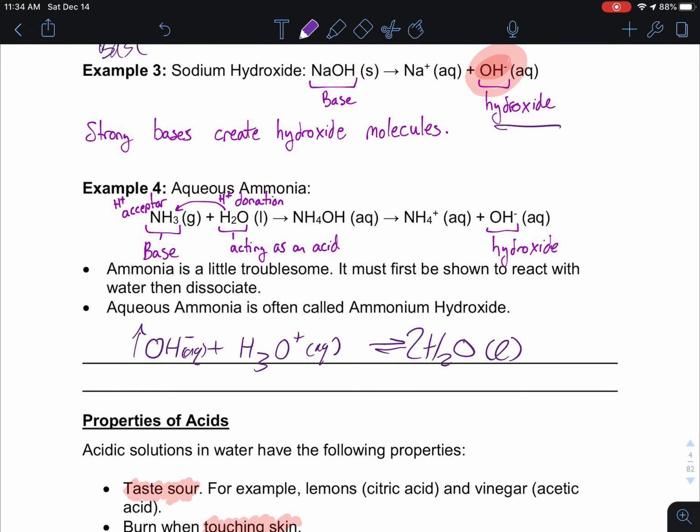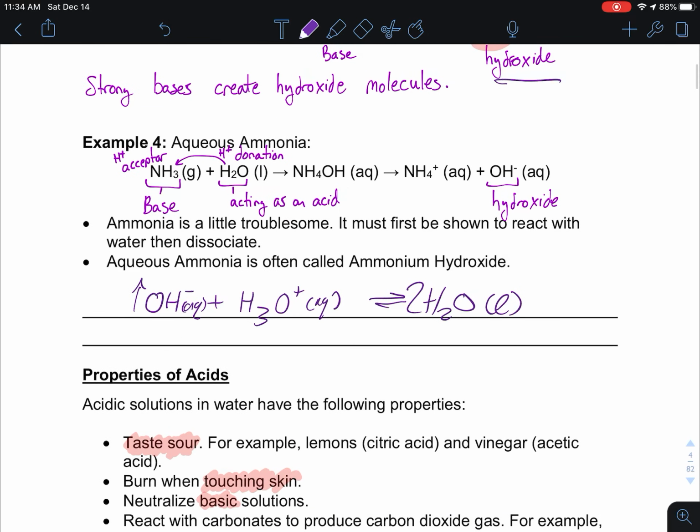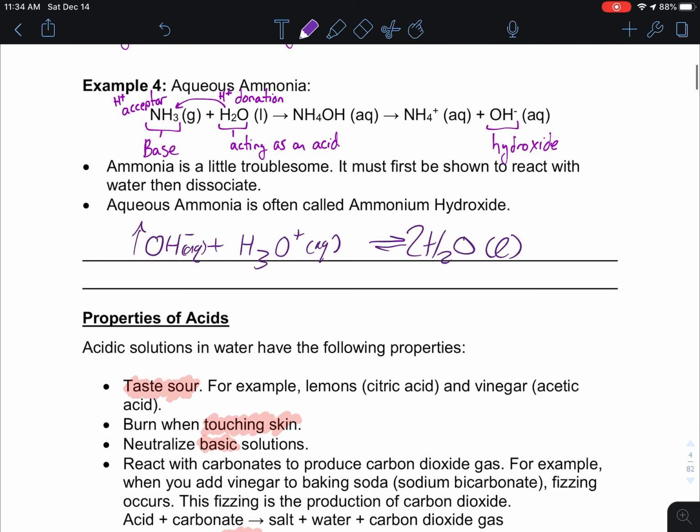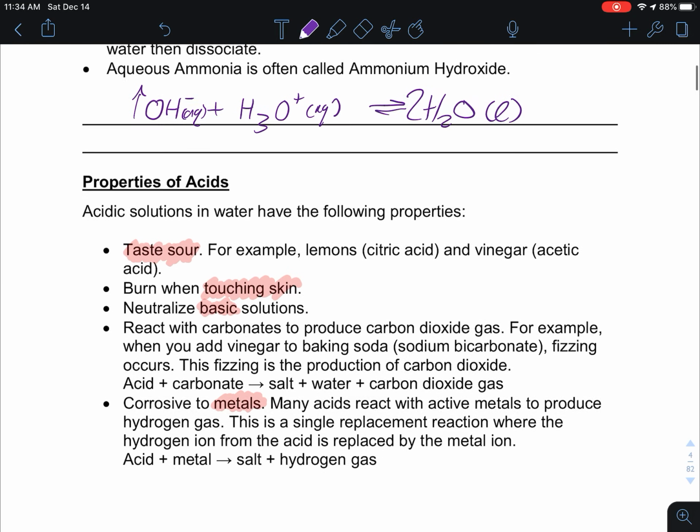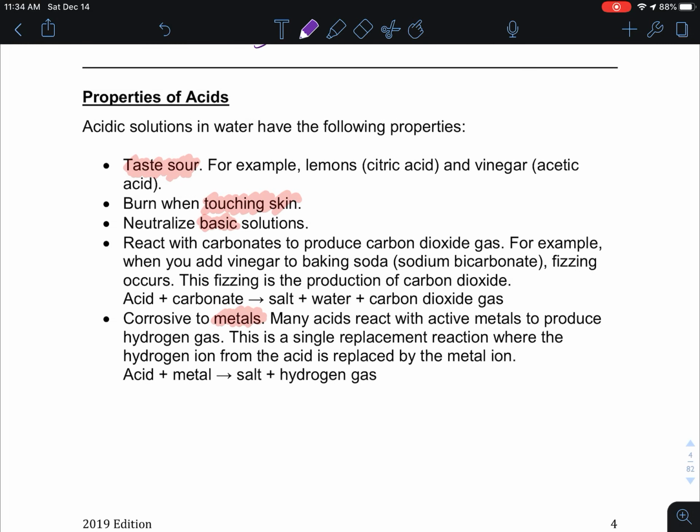So that's why bases are dangerous. We can really think about them as changing the amount of protons, and it's the concentration of protons that really is important. Often they will be thought of as producing hydroxides. Anything that produces a hydroxide is a base. Also, anything that consumes a proton is a base.